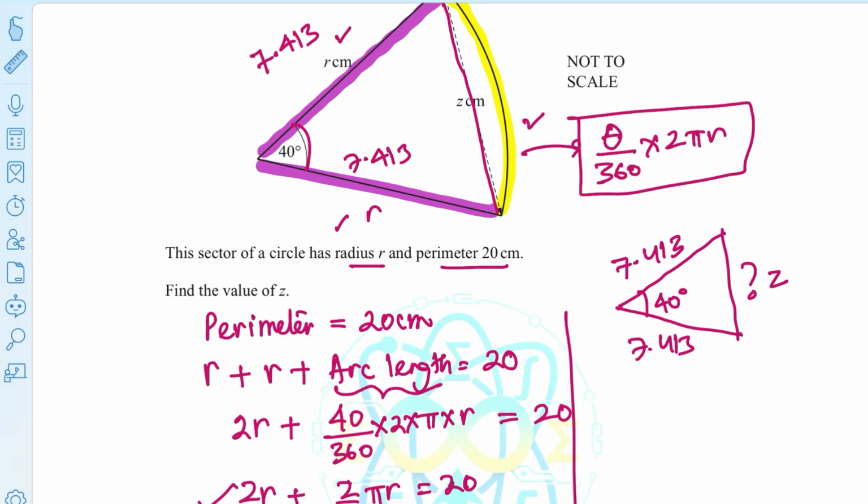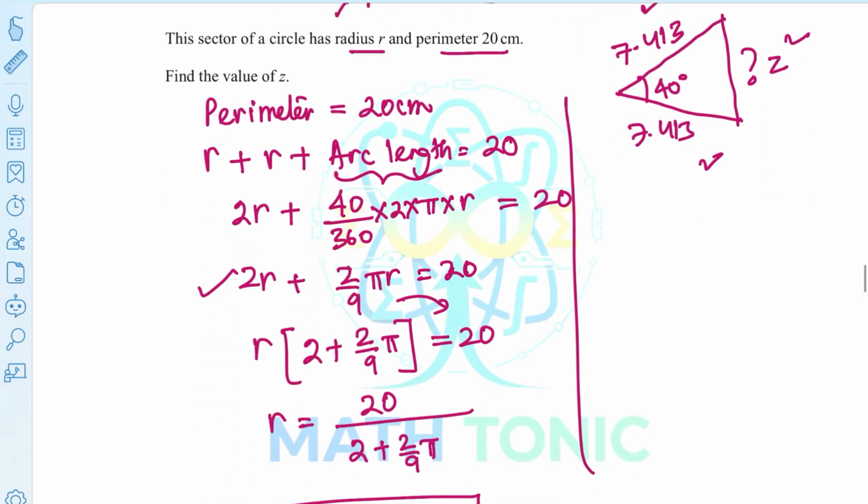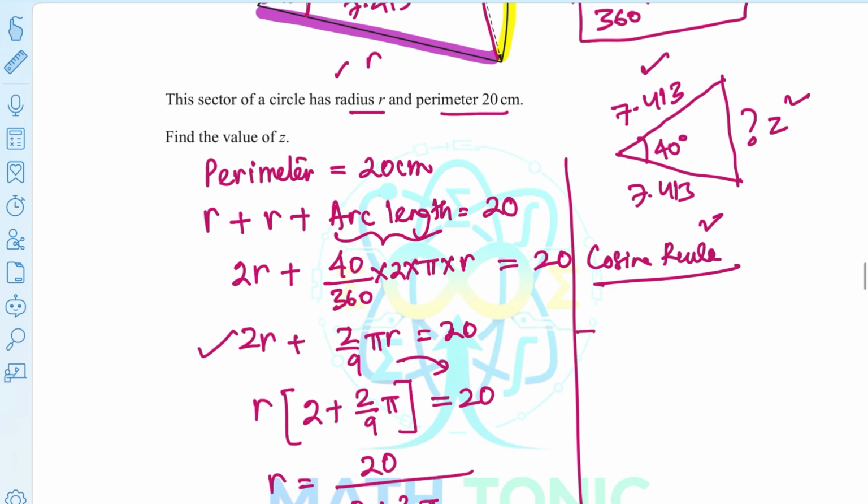I hope all of you know that when 3 sides are involved and one angle is involved, we can use the cosine rule, right? So we have to apply the cosine rule here. The formula: z equals the square root of a squared plus b squared minus 2ab cos theta.